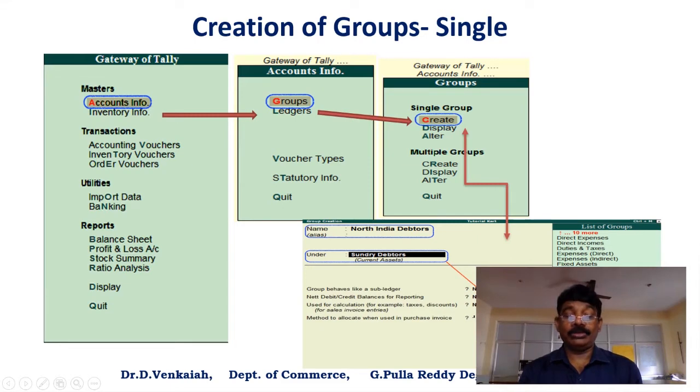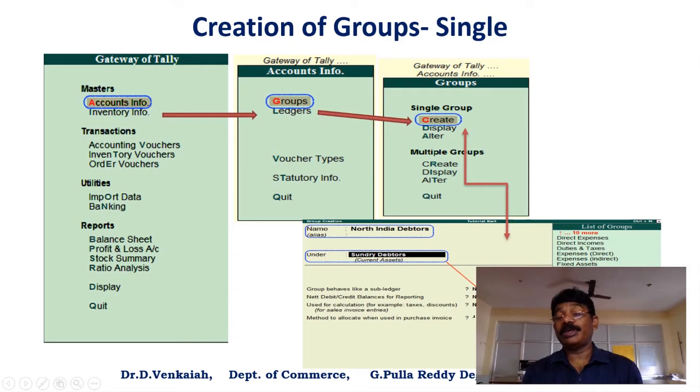First, start, Tally, Gateway. Under Gateway of Tally, find Accounts Info, click on Accounts Info, we will find groups and ledgers. Select groups only, click on the group, then we will find group creation under single mode and multiple mode. Now we are learning only single. Select single create only, then we will find a window. Enter the name of the group which we are going to create.